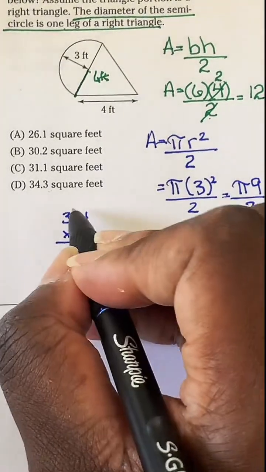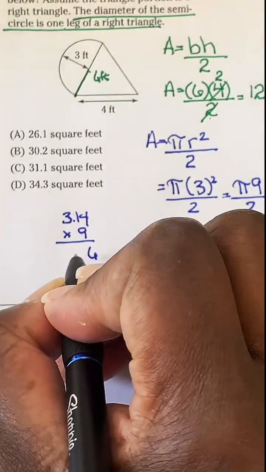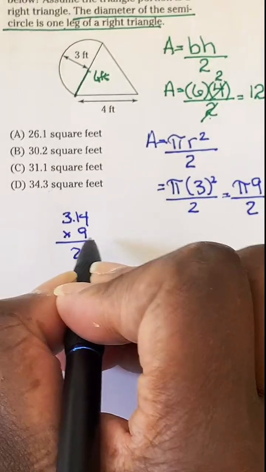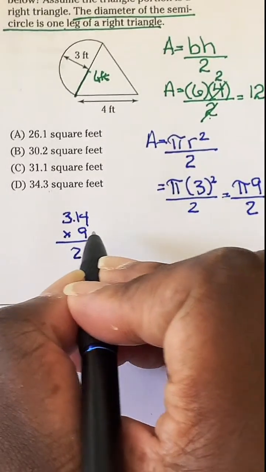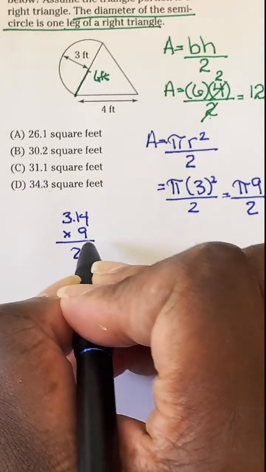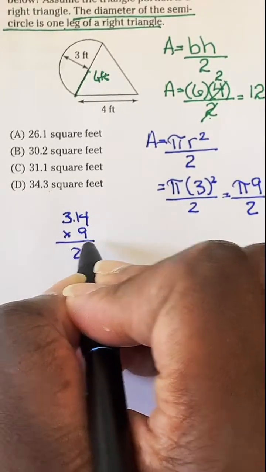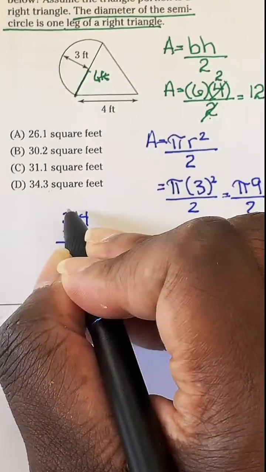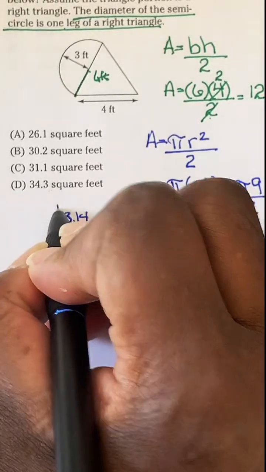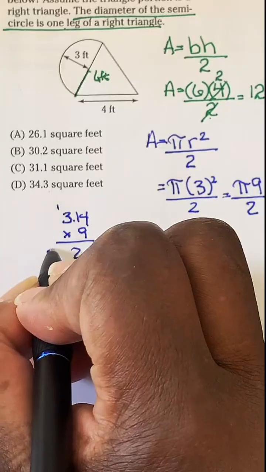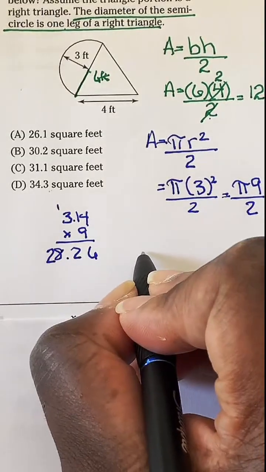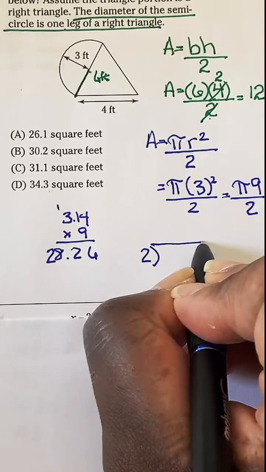So we have 36, so we have 9, 10, 11, 12, carry over. Then we have 27. For a second, I had a brain fart. I totally forgot what I'm carrying over. All right, so we got 36 is 12, carrying over the 1. Thank you. 27, that gives me 28. But then we have to divide this by 2.